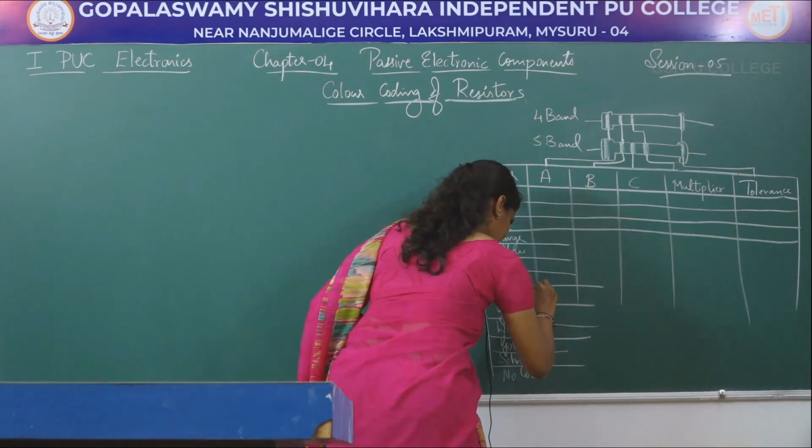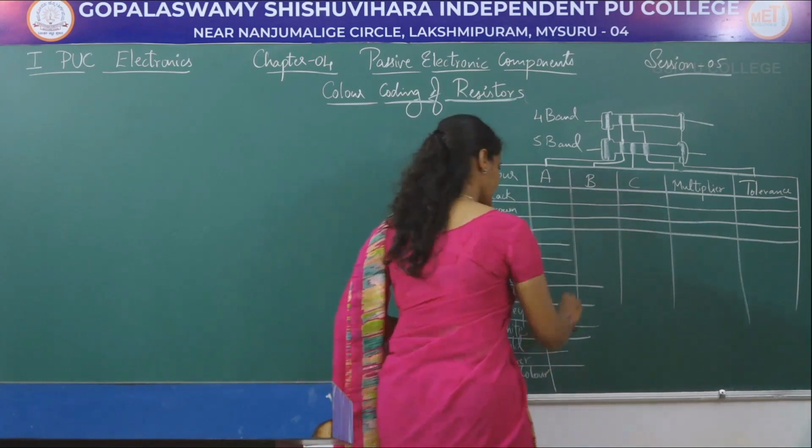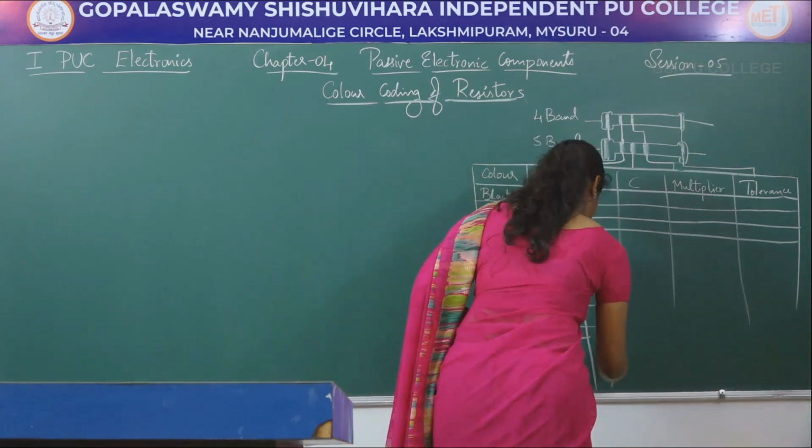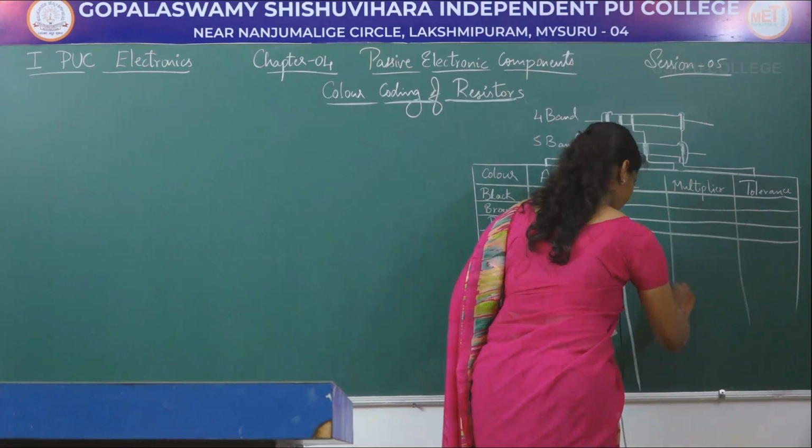So these are the colors that will be painted on the resistors to indicate their resistance value.